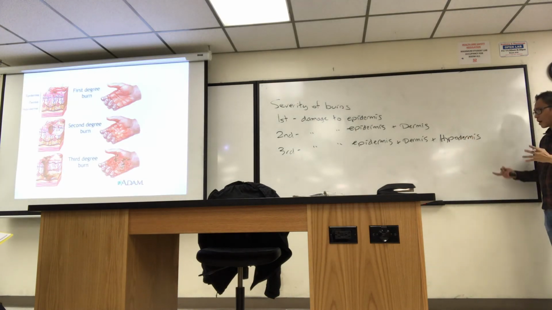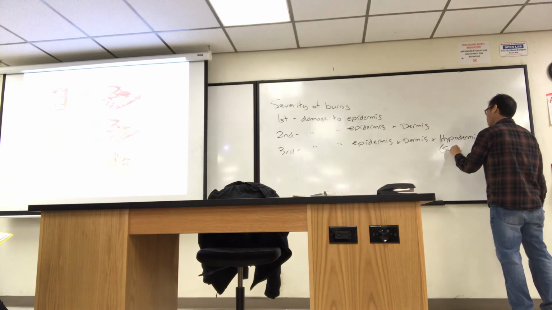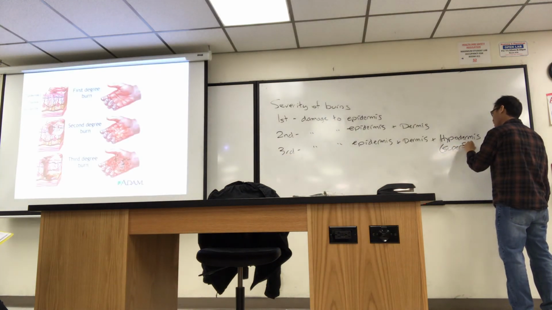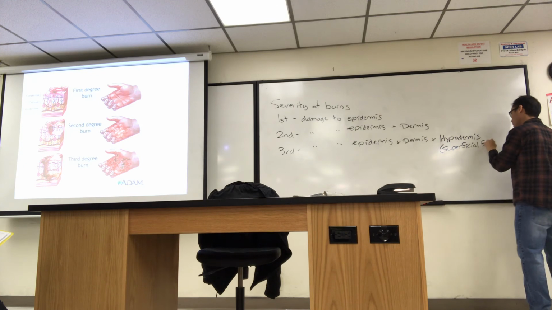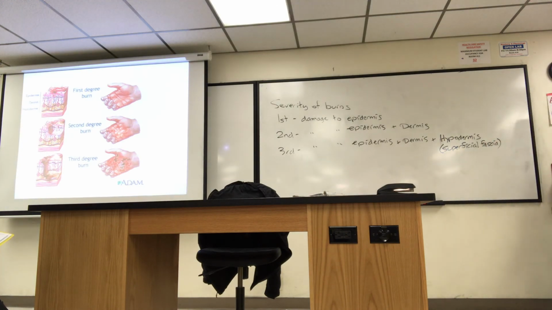If you ever see it on an exam, I also refer to the hypodermis as the superficial fascia, that fat layer. You can refer to it as either, one and the same. It's called hypodermis because it's deep to the dermis, but it's called superficial fascia. There's a deep fascia, which is the connective tissue on your muscles, which is deeper. All right, so that's a term I just wanted to slide in there because it may come up again.